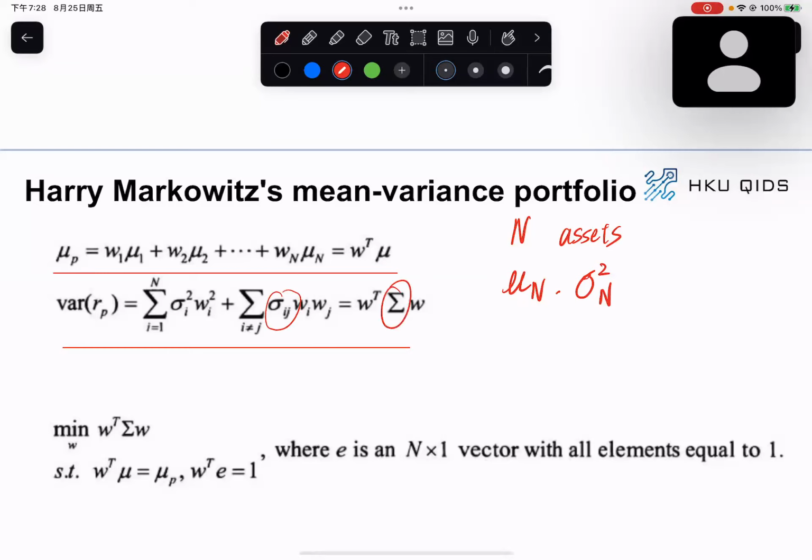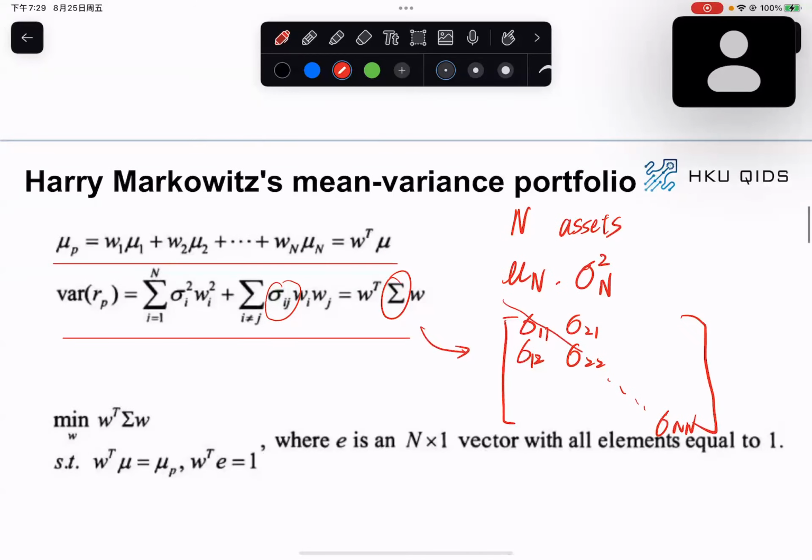For this larger sigma here, it's basically the covariance matrix, where we have sigma 1 1, sigma 1 2, sigma 2 1, sigma 2 2, and all the way to sigma n n. On the diagonal, we basically have the variances, and for all other items, it's the covariance between any two assets.